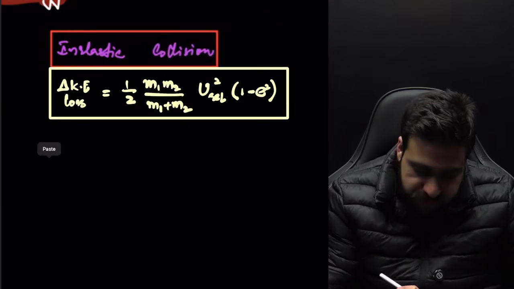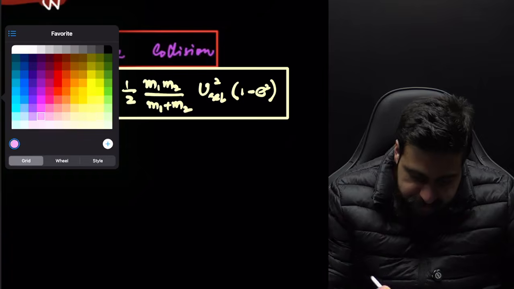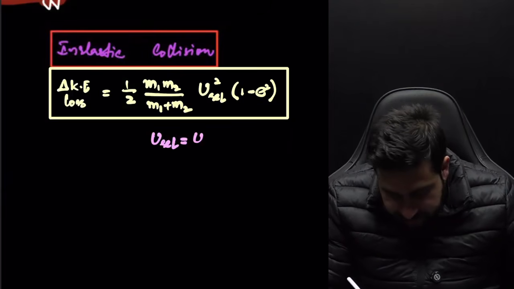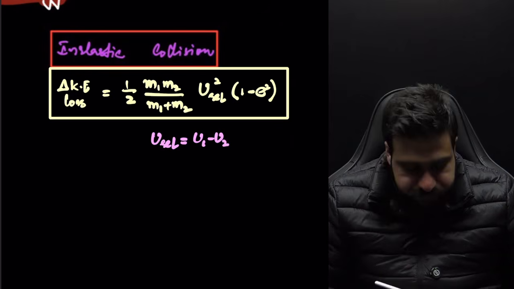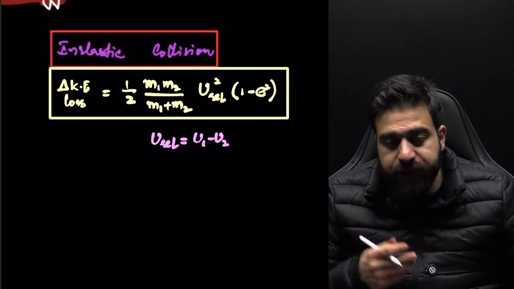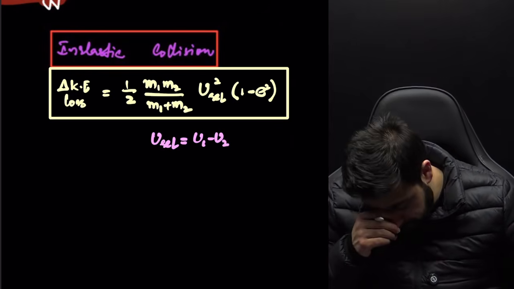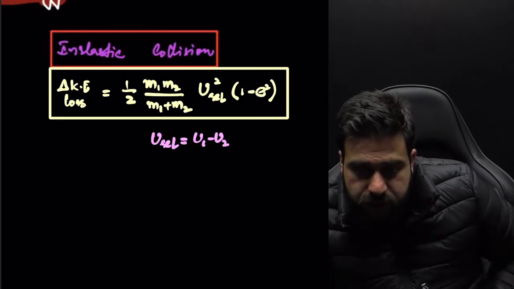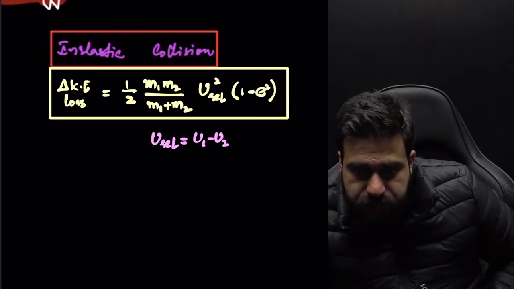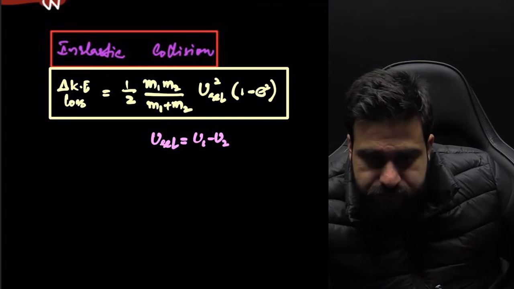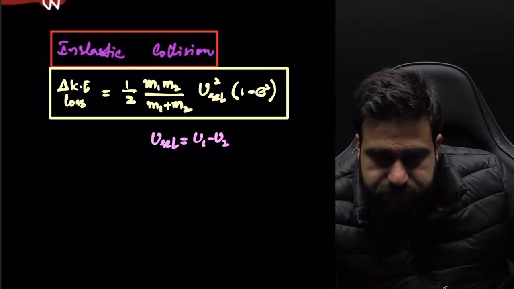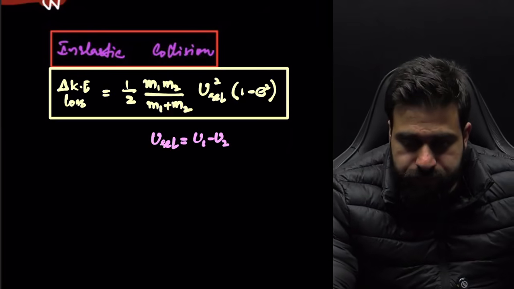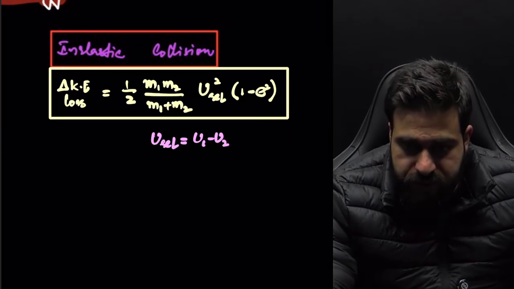You directly remember this. In this particular case, u relative is u1 minus u2, the initial relative velocity. As simple as that.